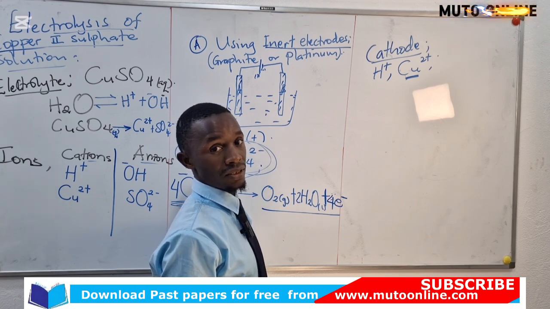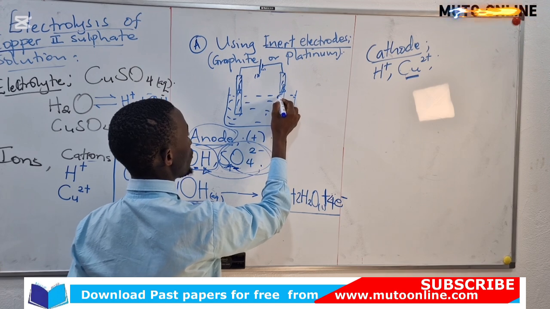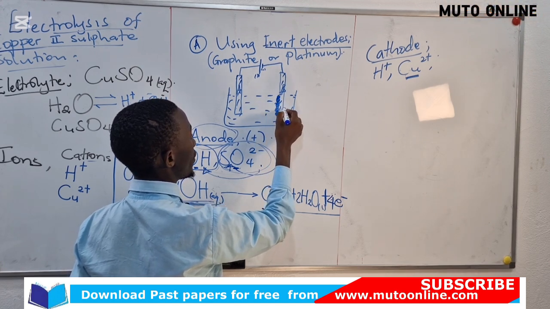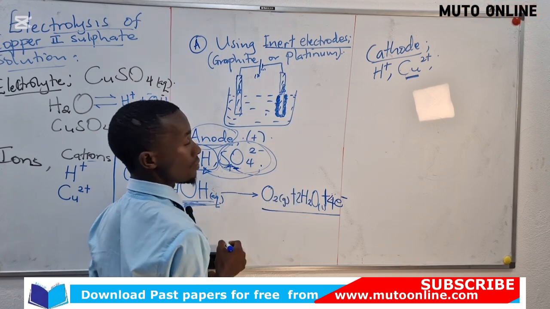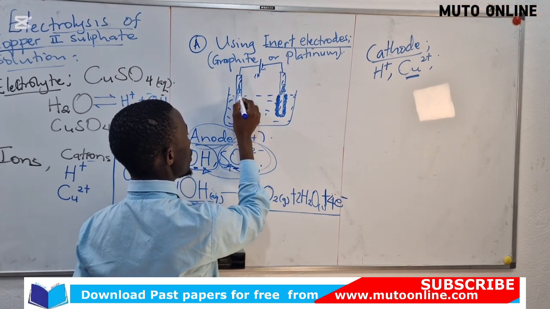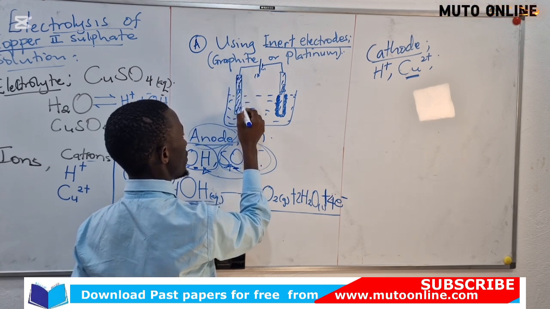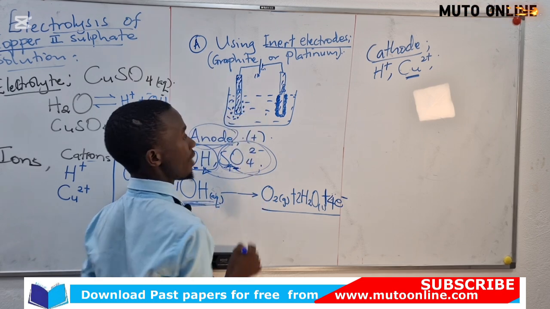The cathode. So we shall find that around the cathode, we shall form deposits of copper. And there will be no change on the what? On the anode, only bubbles of oxygen will be seen forming around the anode.